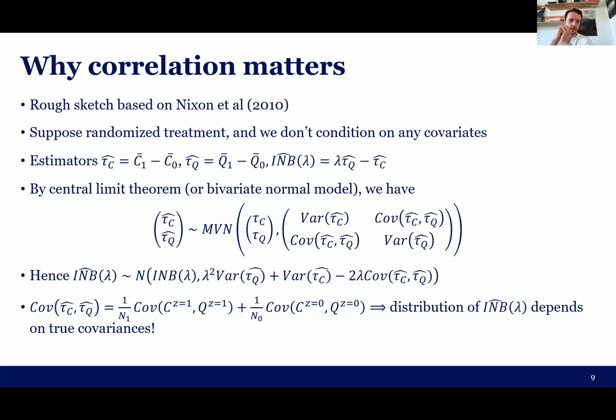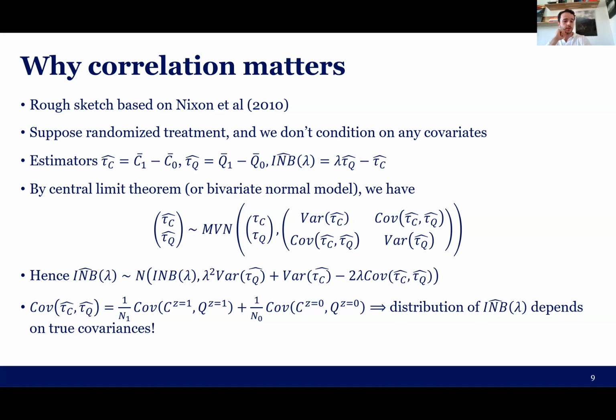You can either work with the central limit theorem, or you can assume a bivariate normal likelihood, which will lead to the same results in this case. Then you can relatively easily show that the distribution of the INB estimator is normal, and the variance of that estimator depends on the covariance between the estimators for the treatment effects.